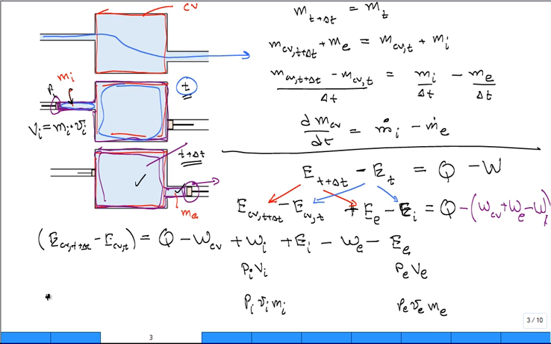We have the energy in the control volume at time t plus delta t minus energy control volume at time t equal to Q minus W control volume. Then this energy term here, E_I, the energy associated with the mass that flows in, is that equal to the mass that flows in times U_I plus 1/2 V_I squared plus g z_I?